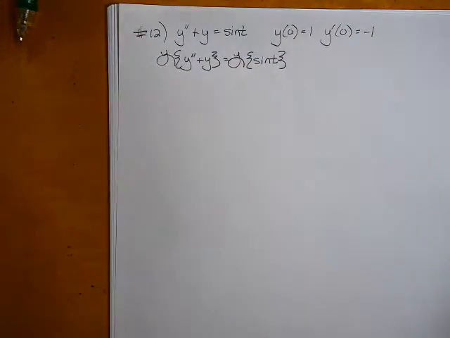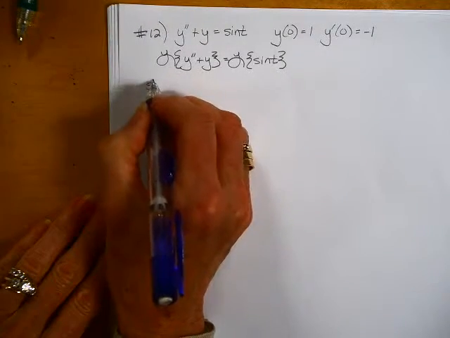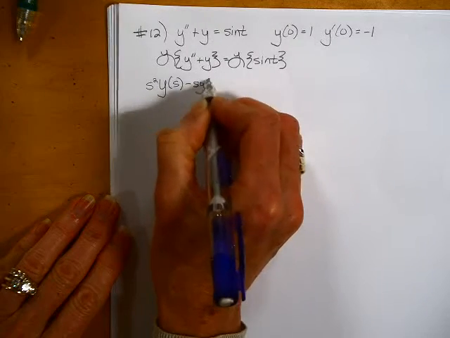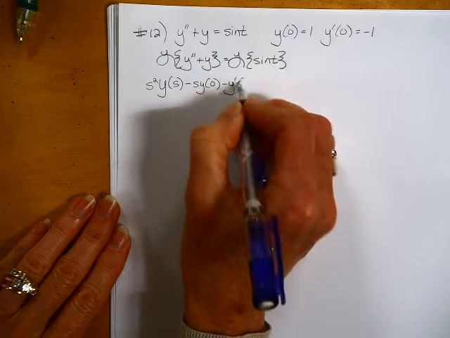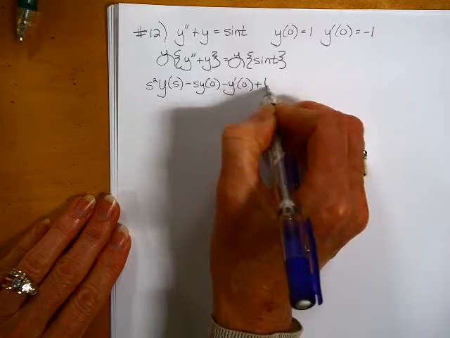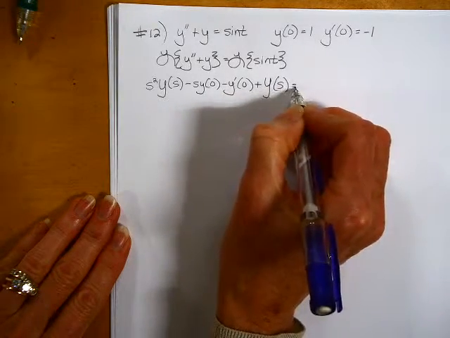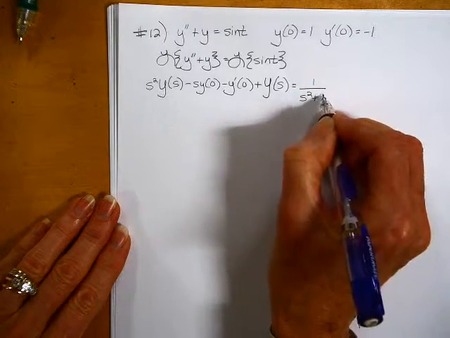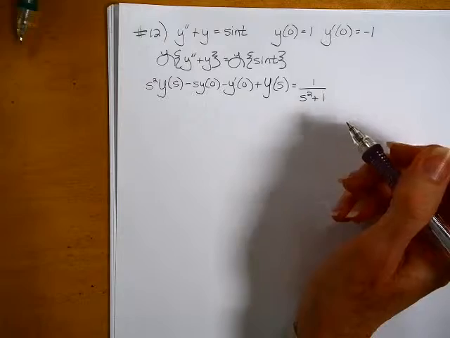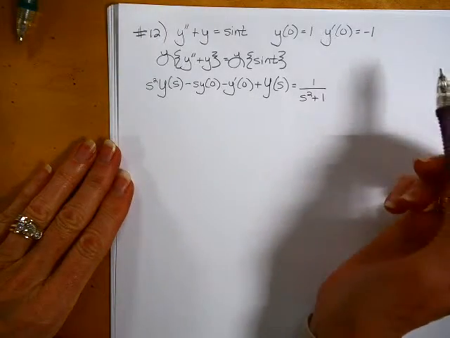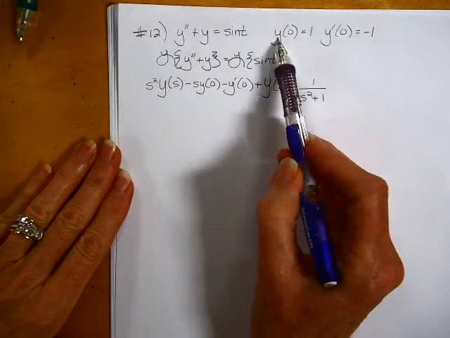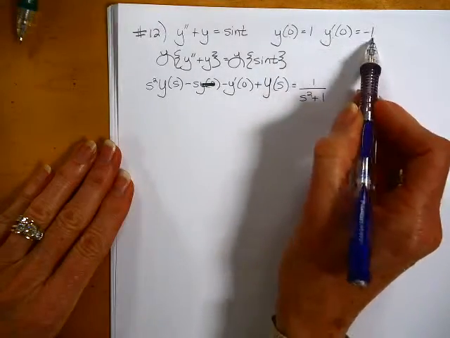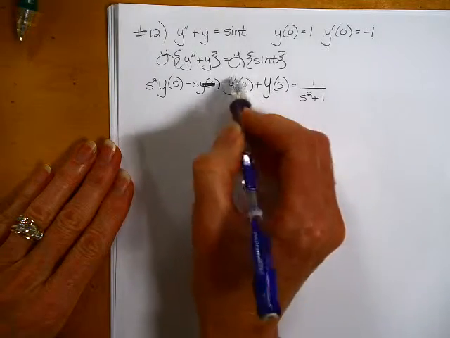All right, Laplace transform of y double prime: s squared Y of s minus s y of 0 minus y prime of 0, plus Y of s, equals the Laplace transform of the sine. This one is 1 over s squared plus 1, right? All right. y of 0 is 1. y prime of 0 is negative 1.